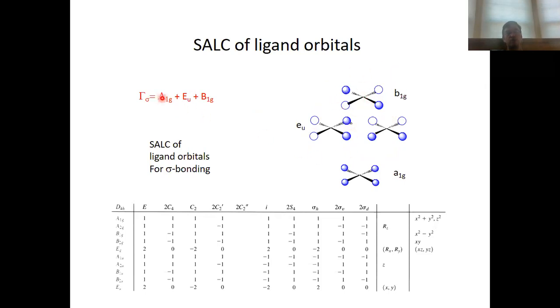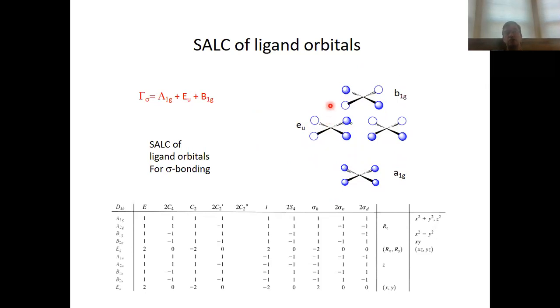So this A1g ligand group orbital does not have a node. As you can see, all the 1s orbitals have the same algebraic sign. So the 2 Eu orbitals, they have 1 node. They are doubly degenerate.